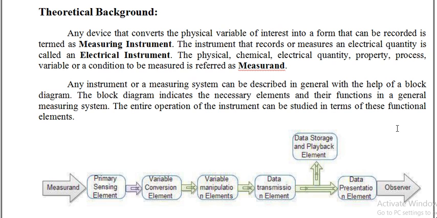After these three processes, the next process will be data transmission. The data will be transmitted from one element to another, and finally the data will be converted into presentable form and displayed on a screen, and the observer can directly see and watch the result of the measurement.